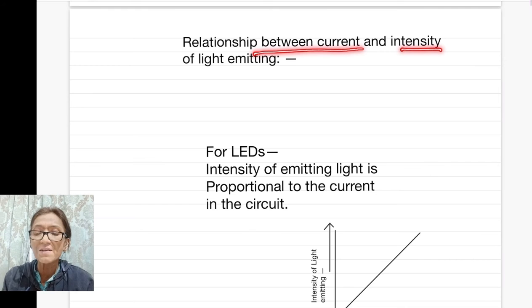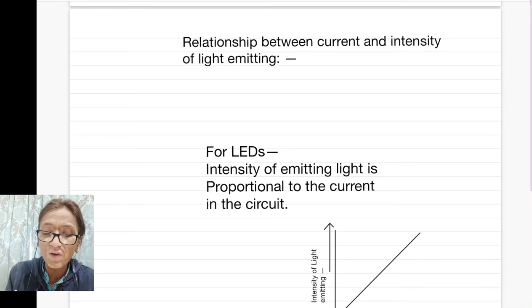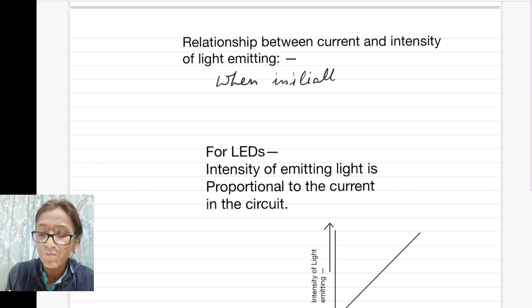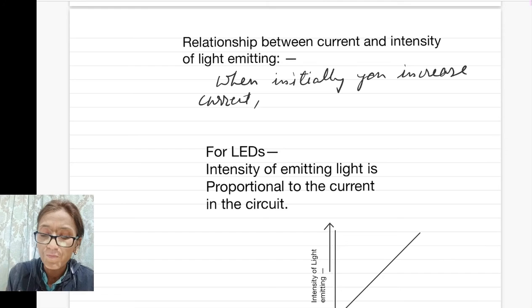Now, the relationship between current and intensity of light. You give current and light comes out from these LEDs. So what is the intensity of light? Initially, when you increase current, intensity increases.